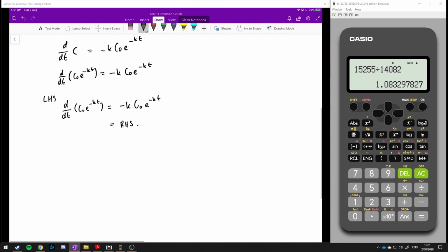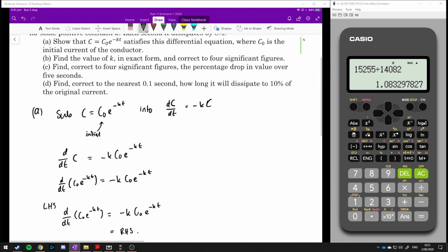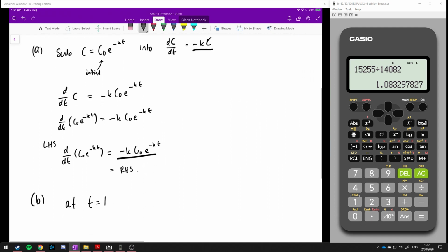Okay, so we're going to go to part B now, and part B says, well, let's try at time t equal to 1. At t equal to 1, the reason we did the equation up here was to show that minus kC is equal to minus kC0 e to the minus kt.